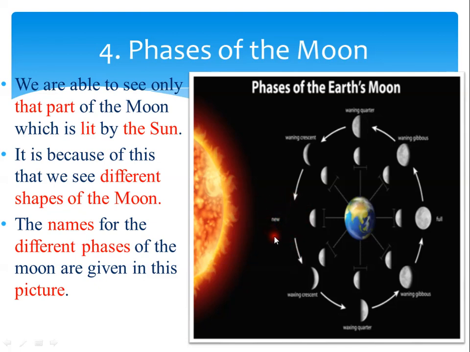Then this is called waxing crescent, waxing quarter, waxing gibbous, then full moon, then waning gibbous, waning quarter, and waning crescent. This is how it takes 29 days to complete one revolution around our planet Earth.